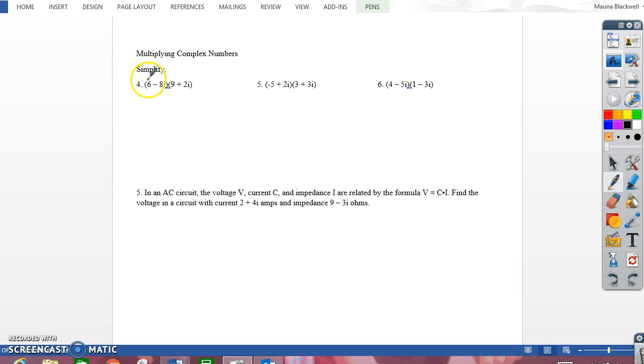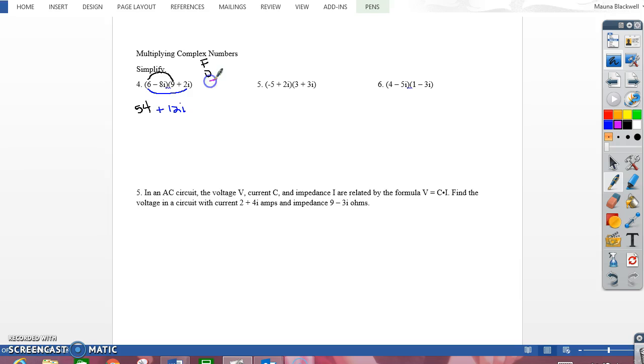Okay, so FOIL, we multiply first term in each set of parentheses for first. Okay, 6 times 9 is 54. Outer, we do the two outermost. So 6 times 2i is 12i.